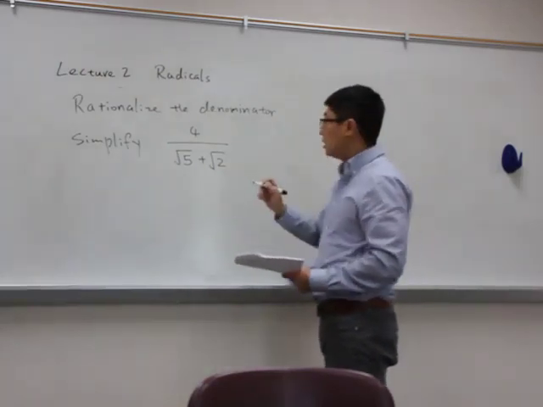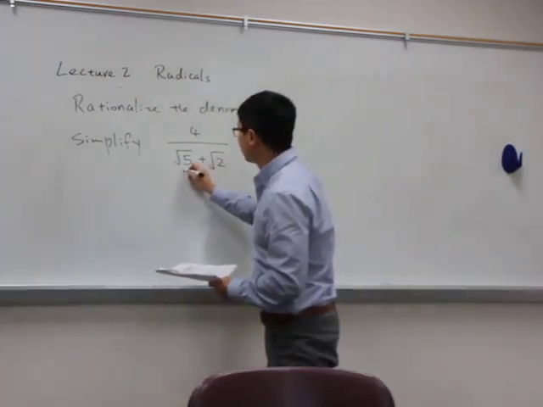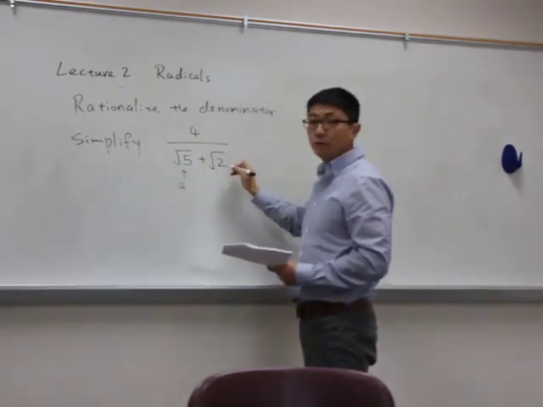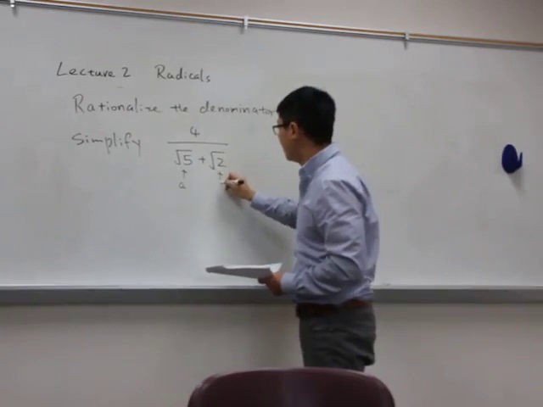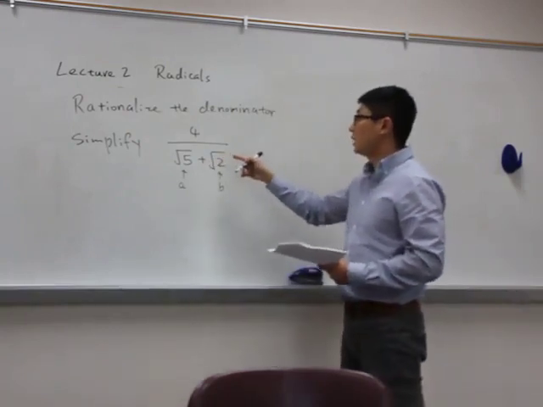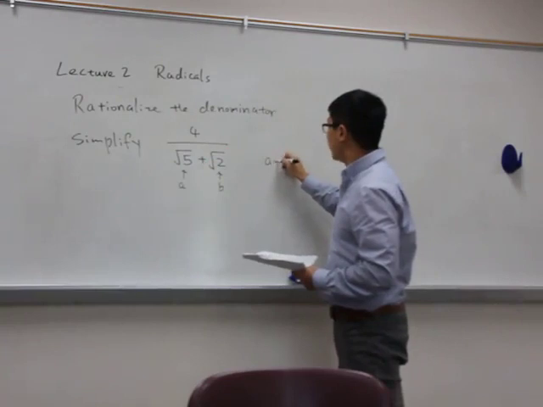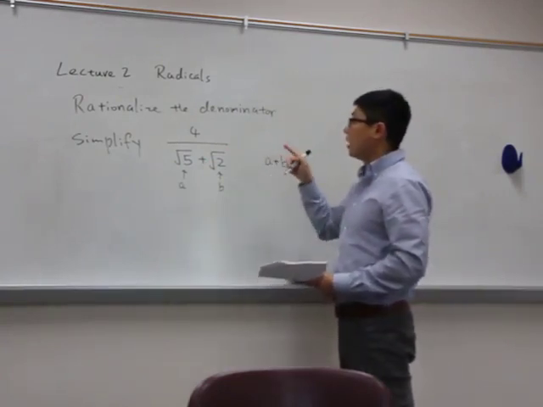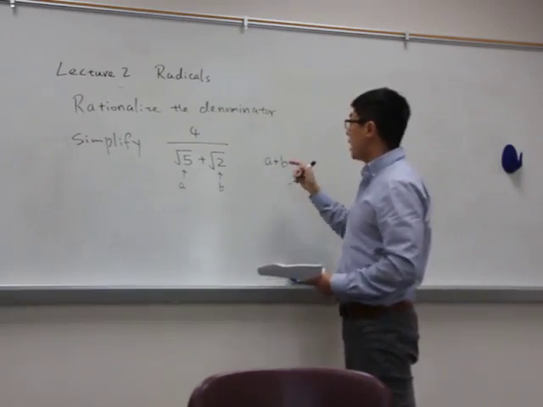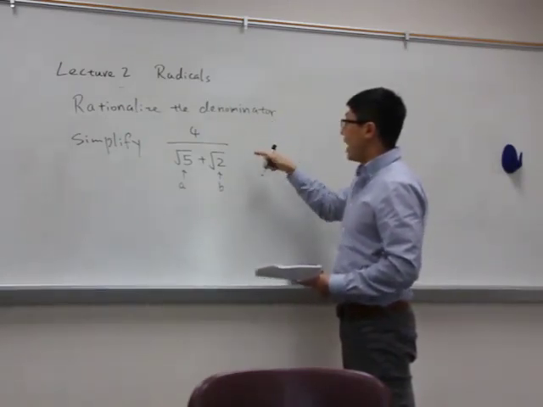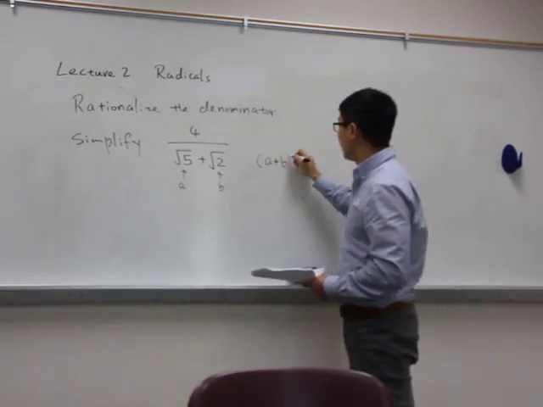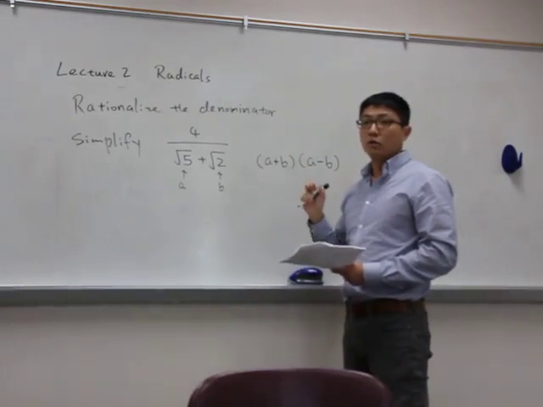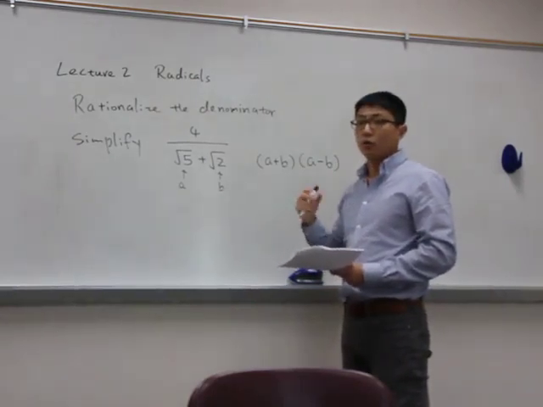And let's say if I call this number A, and I call the second number, the square root of 2, B. So now my denominator is in the form A plus B. Now in this case, in order to rationalize the denominator, I will multiply the numerator and the denominator of the fraction by A minus B, which is the square root of 5 minus the square root of 2.